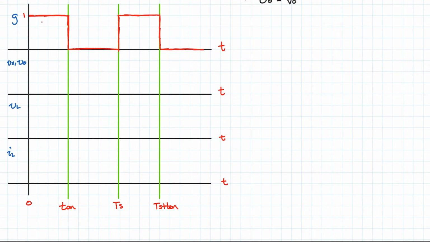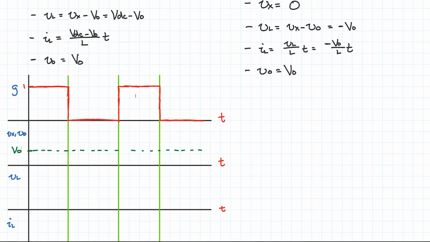We said that VO is some constant value, so let's imagine that this dotted green line is VO. We don't really care what it is. We just know that it is some value, basically a DC value. Vx, what is Vx doing? Let's go back up to our equations.